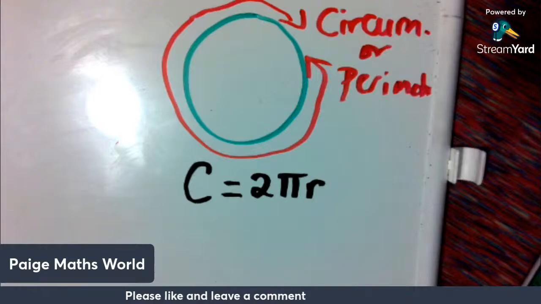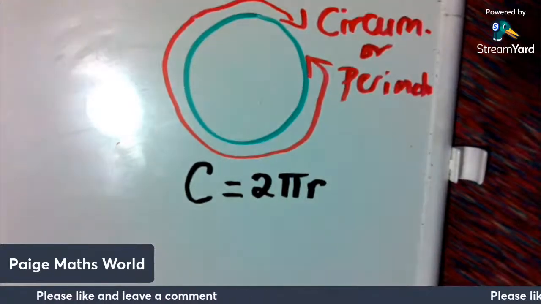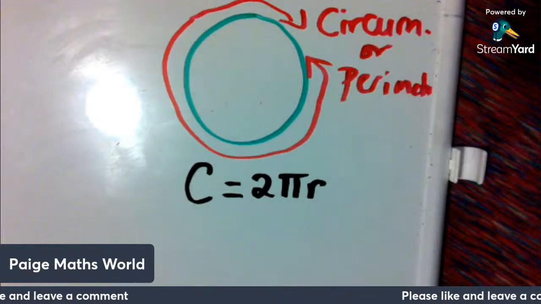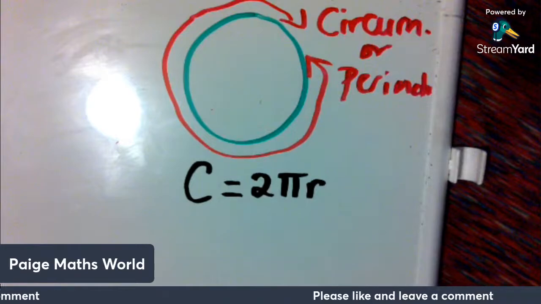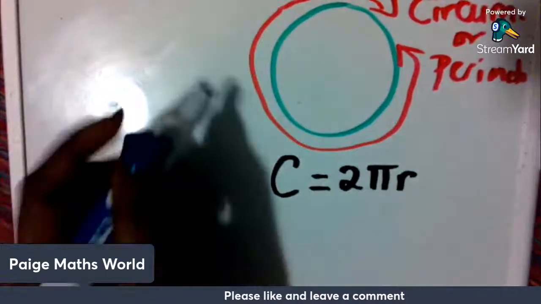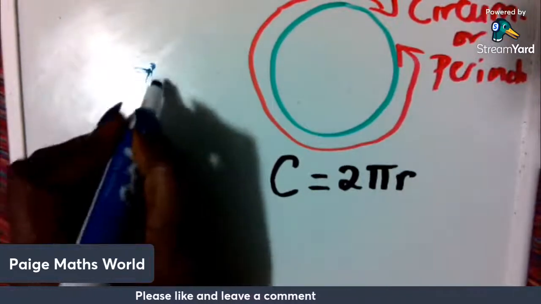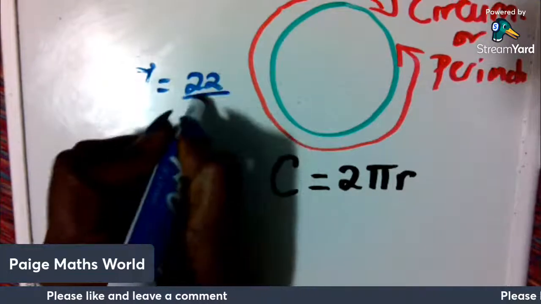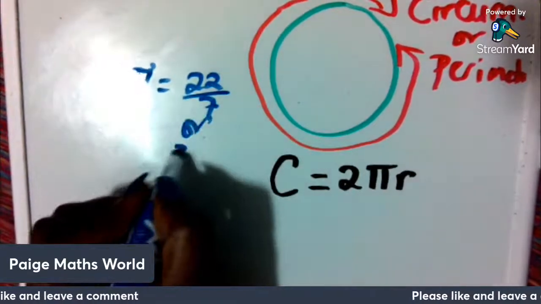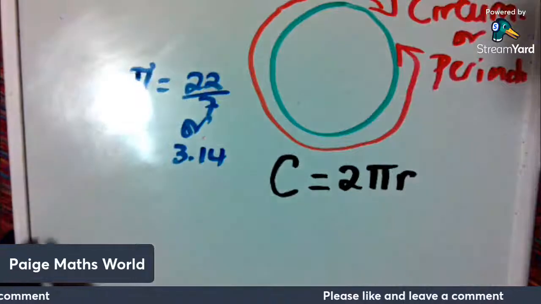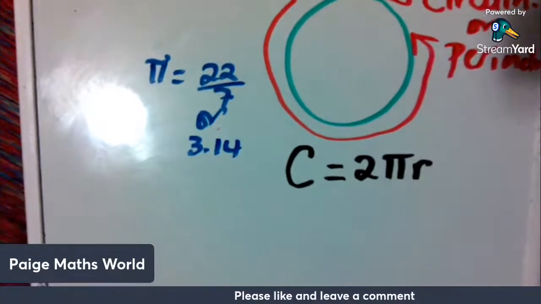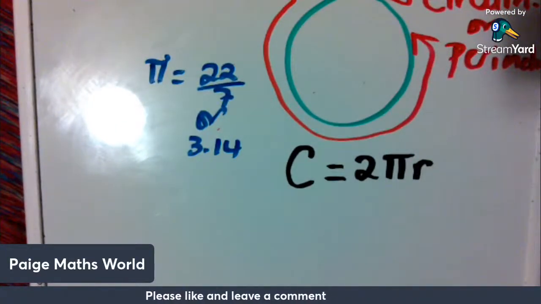It's a very long number, but we can minimize it. Pi can be represented as 22 over 7 or 3.14, right?